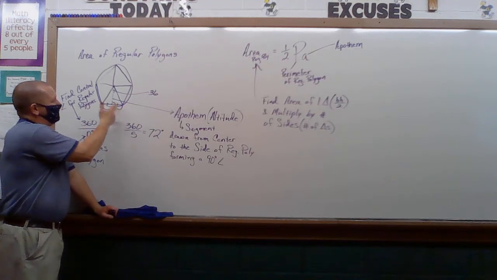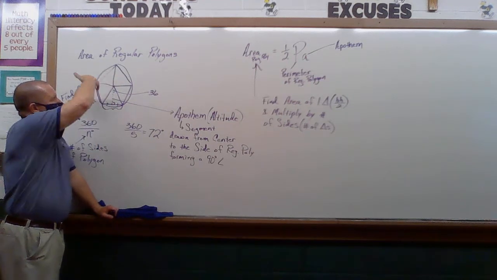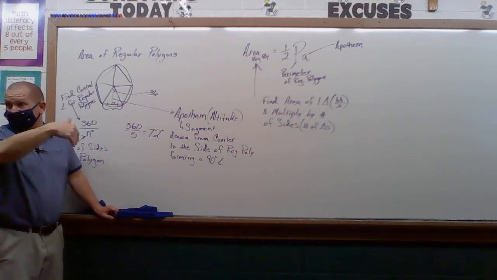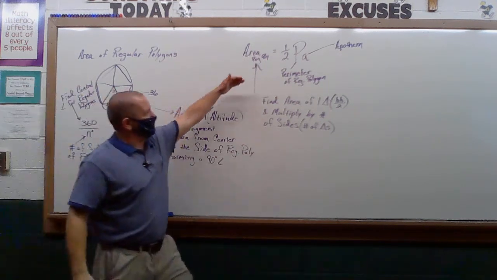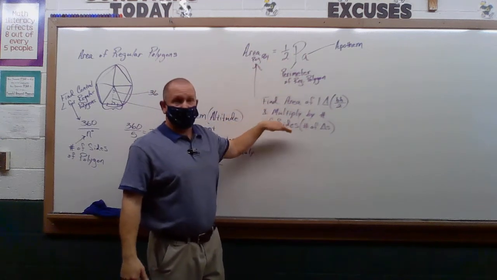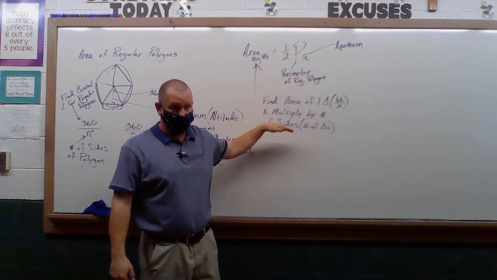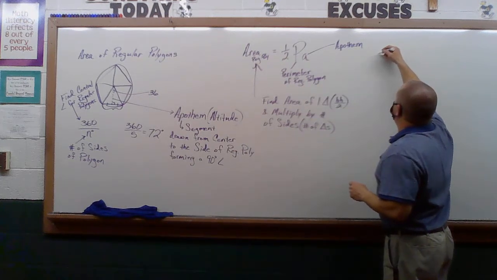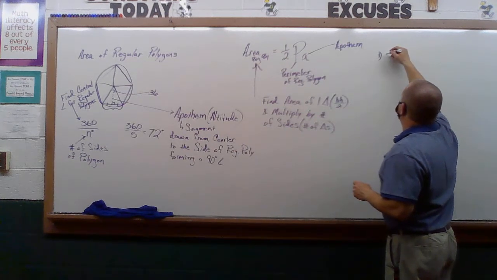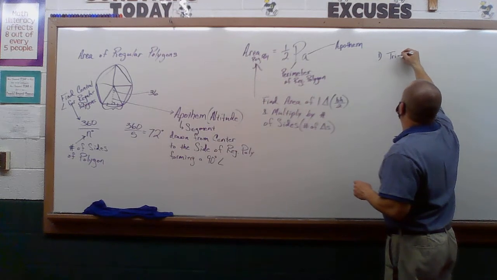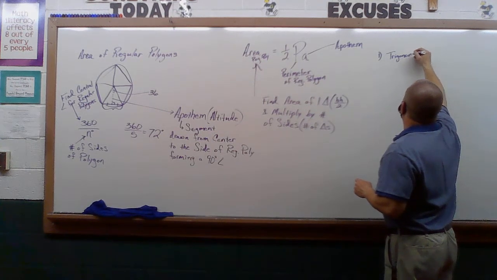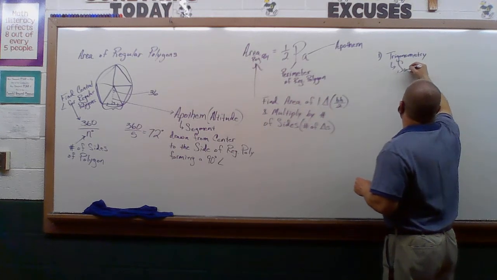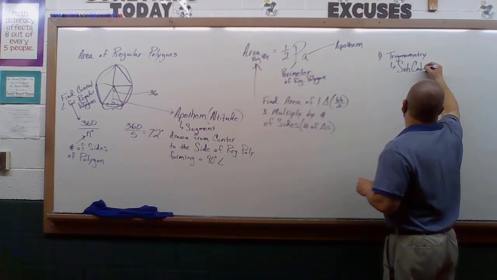All right? So they're going to give me one of the pieces in the triangle or regular polygon, and then I have to use that to find the other pieces. And essentially, you can then put it into whatever formula you want. So how do I find those pieces? I find those pieces by doing trigonometry. What's trigonometry again? That's my SOHCAHTOA, right?